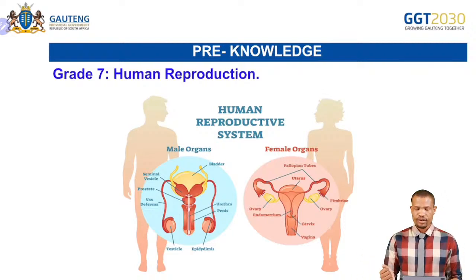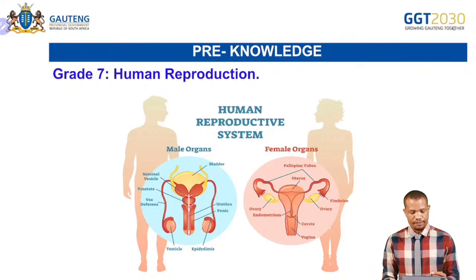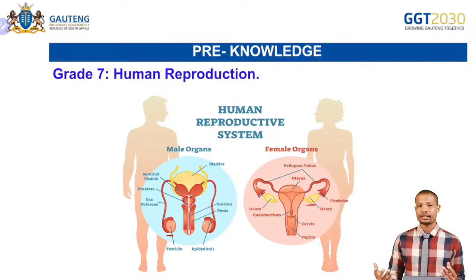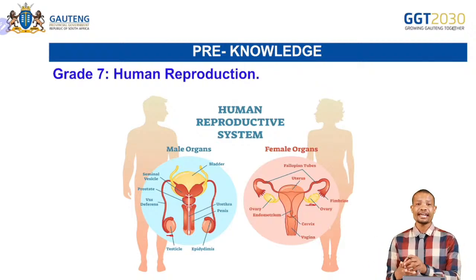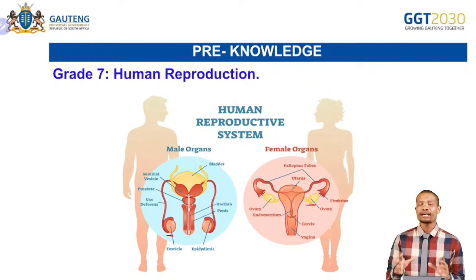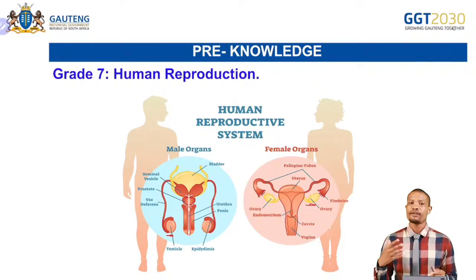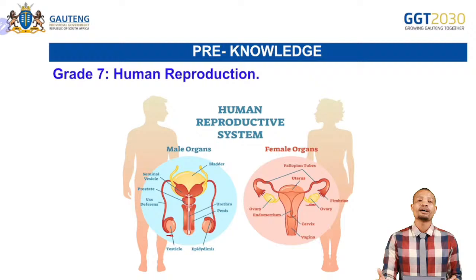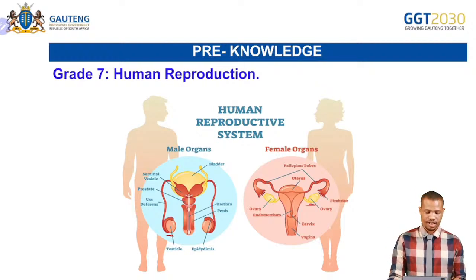So you need sperms from the testes of a male and eggs from the ovaries of a female, and the sperm must fertilize the egg for a baby to be formed. If fertilization doesn't occur, there won't be a baby that is formed. But you'll learn more about these in our subsequent lessons because we are going to dwell on human reproduction.